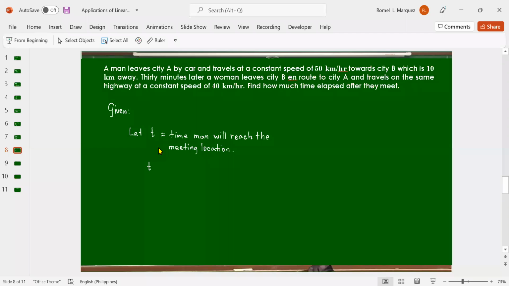Of course, in reality, you know there is traffic, but let's say smooth travel and constant speed. How many minutes will the woman take to reach the meeting location? T plus 30 minutes. Am I right, guys?